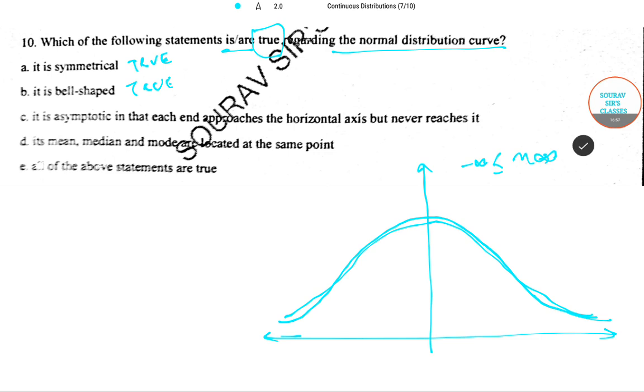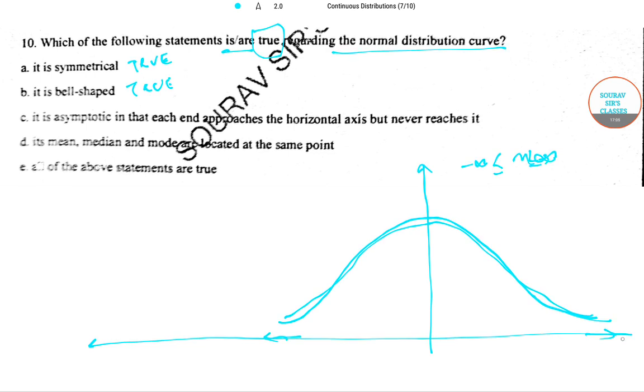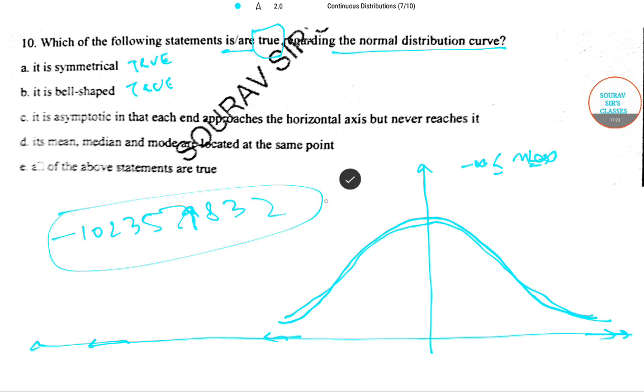That is, even if we take any point on the x-axis, it cannot have 0 probability. Say a number as large as minus 1, 0, 2, 3, 5, 7, 9, 8, 3, 2. Even this has a probability which is greater than 0.